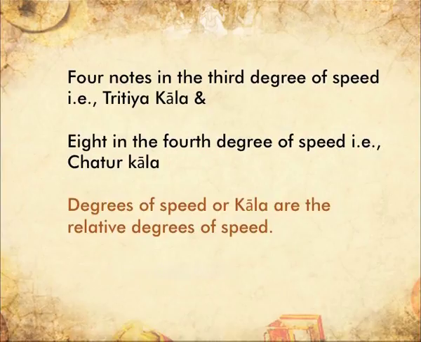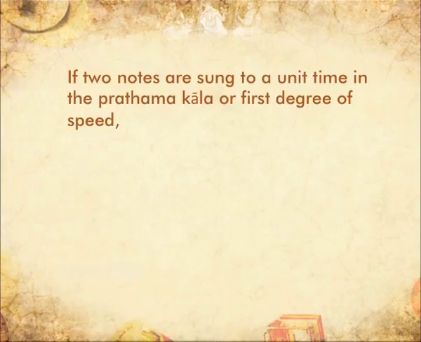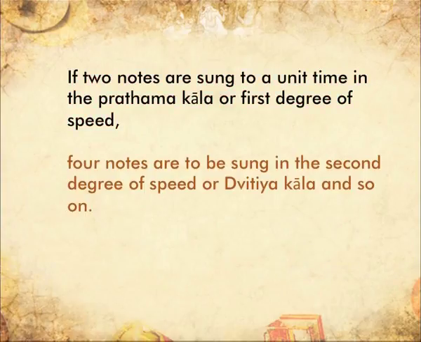These degrees of speed or kala are relative degrees of speed. If 2 notes are sung to a unit time in the Prathamakala or the first degree of speed, 4 notes are to be sung in the second degree of speed or Dvitiyakala, and so on.